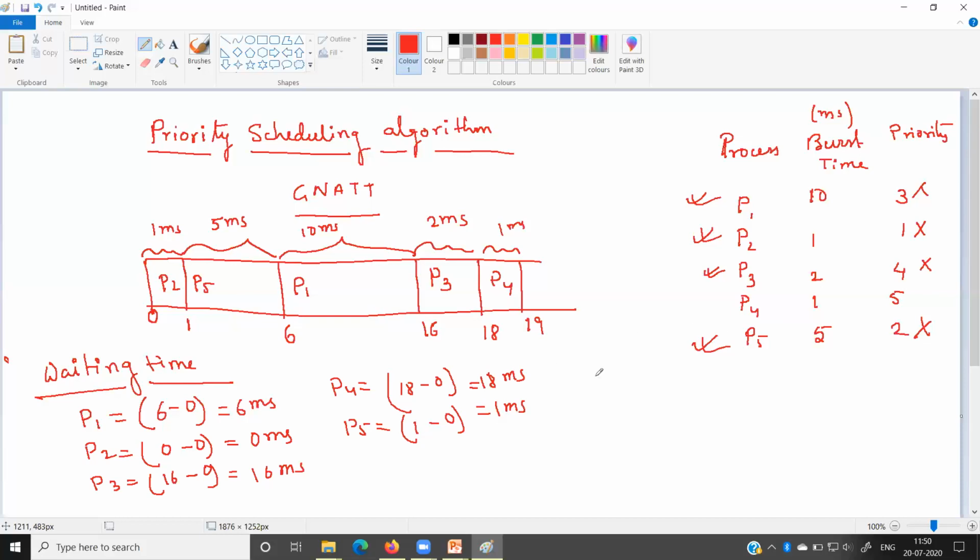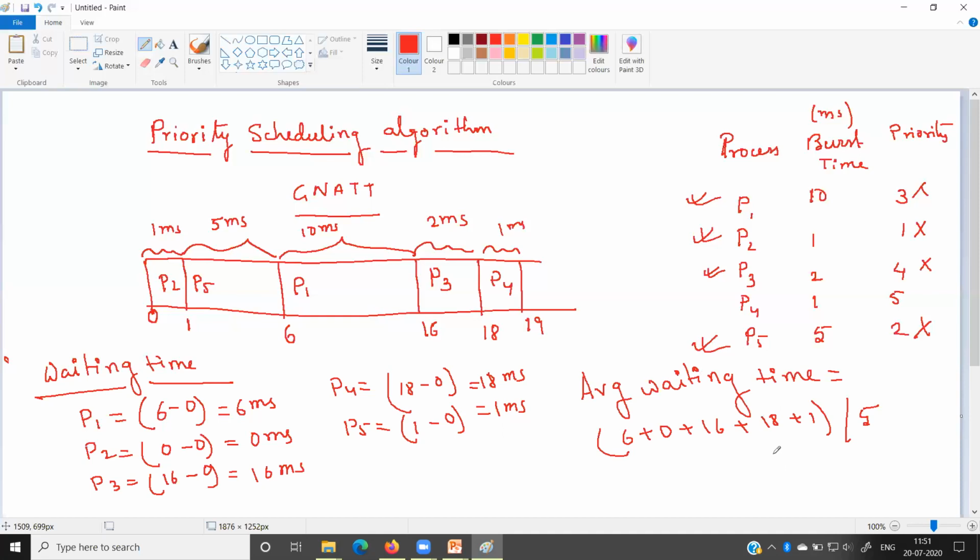After getting the waiting time for the different processes, we will compute the average waiting time. The average waiting time is 6 plus 0 plus 16 plus 18 plus 1, divided by the number of processes, 5.